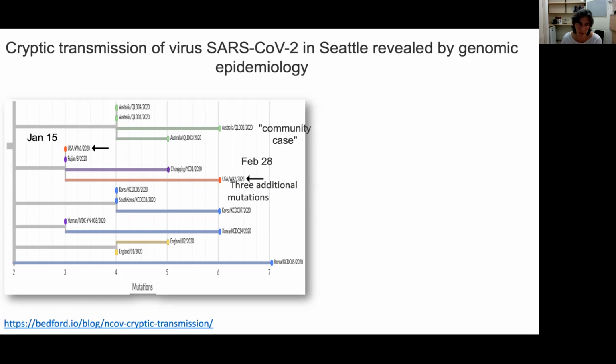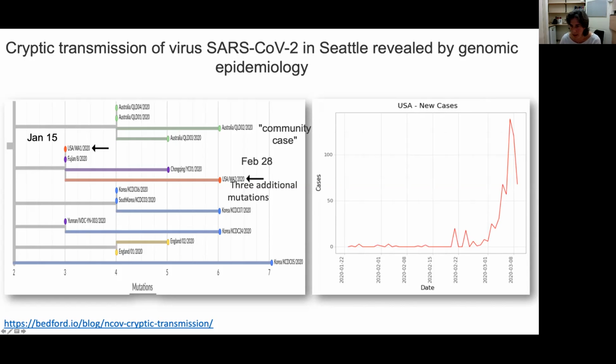So basically, in Washington and Seattle, they had virus spreading in the community for 5 weeks that they weren't aware of. That meant they actually had a lot more cases than what they knew at that point. And this actually came true when they started testing, and you can see that on the graph on the right.